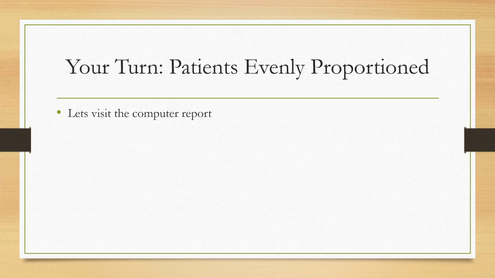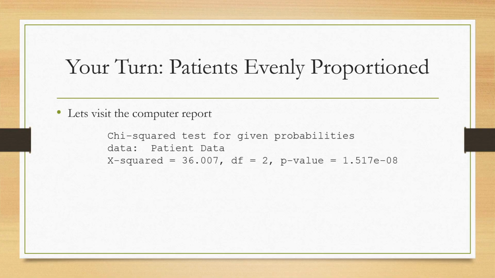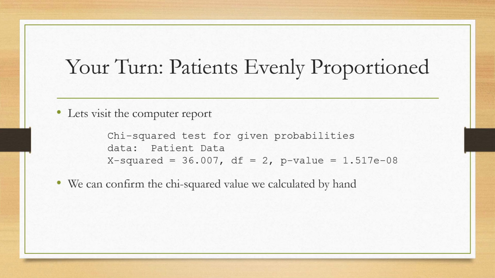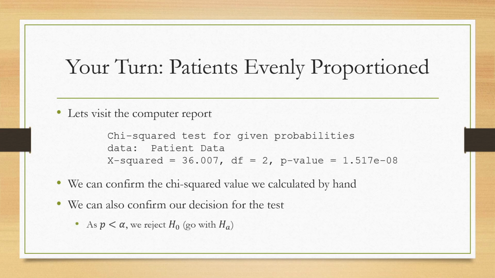All right, so let's do the computer report for this one that we just had. Again, running this, this is what it spits out. We can confirm that this is the chi-squared value that we just calculated by hand. And then we can also confirm our decision for the test. So here, because p is less than alpha, we would reject the null hypothesis and go with the alternative.